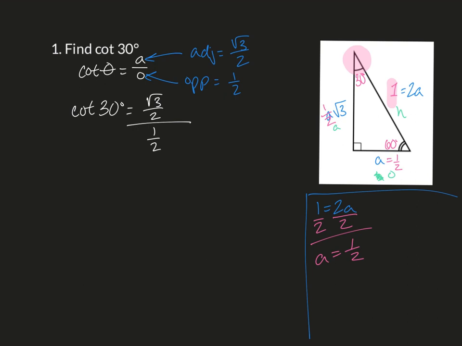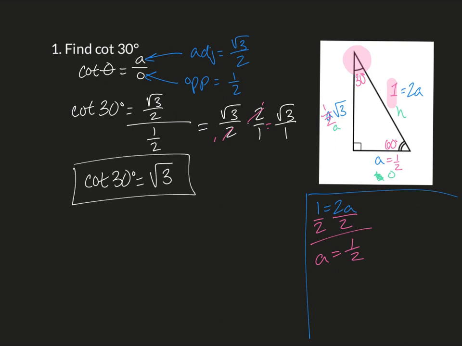So it ends up being root 3 over 2 times 2 over 1. Hopefully you see what cancels. When we multiply through, we end up with root 3 over 1, which is the same as just root 3. So cotangent of 30 degrees is root 3.